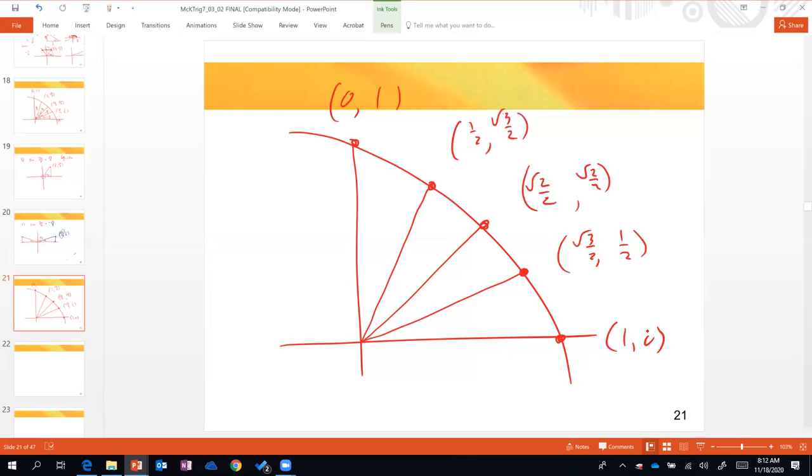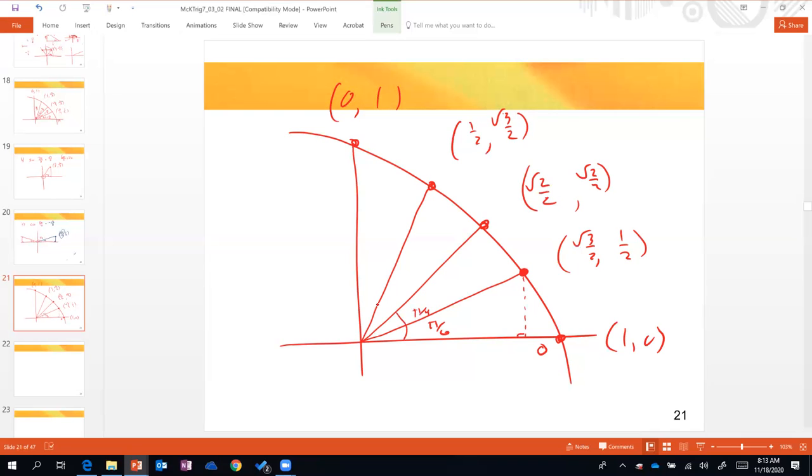Cool. So let me put in my radian measurements. That's 0. This would be pi over 6. It's the small angle that's formed. It's the triangle that's formed so that the x coordinate is bigger than the y coordinate, or the length across the x-axis is greater than the length across the y-axis. That's cool. This guy then is pi over 4.